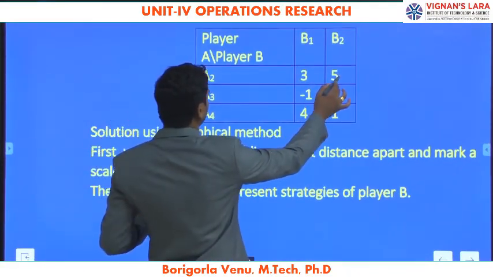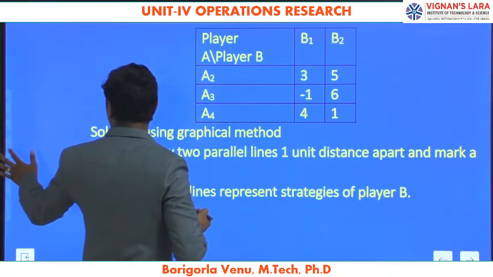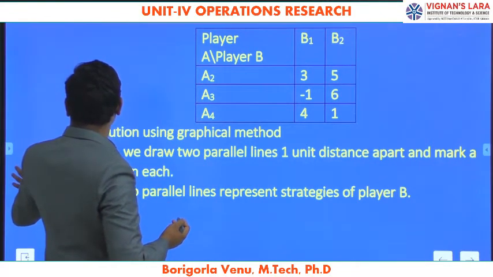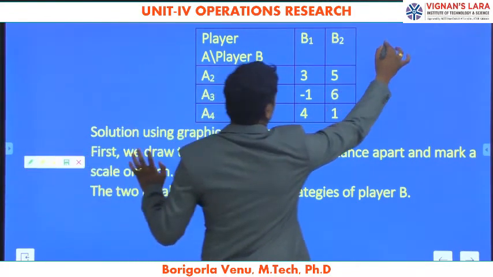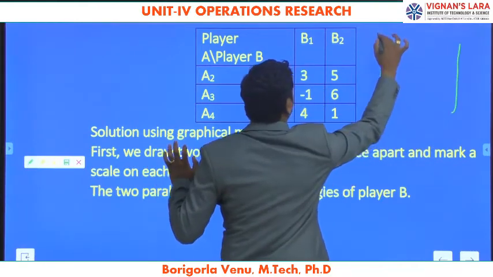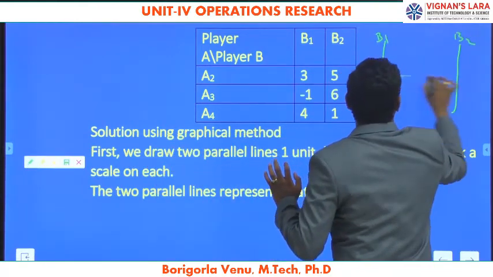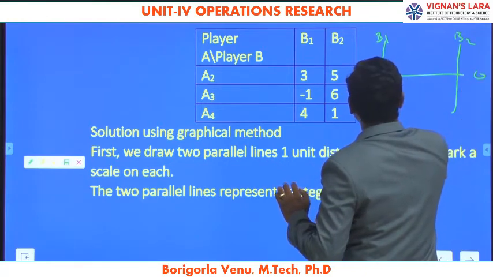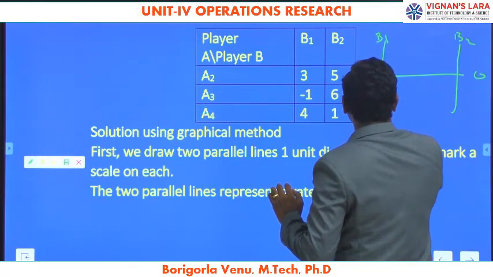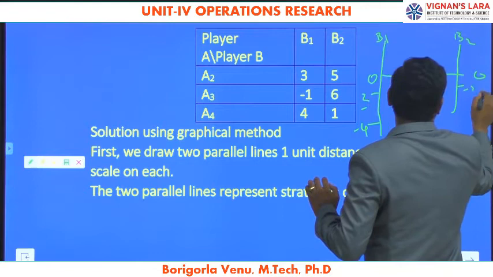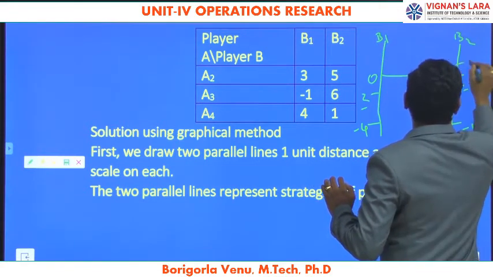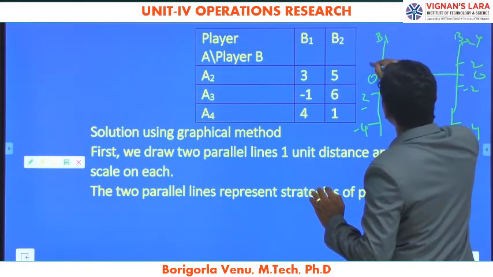B1 3 is there, B2 5 is there. Here B1, B2, 0, 0. The scale is -2, -4, 2, 4, here also 2, 4.